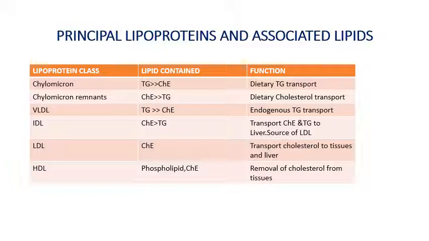VLDL is rich in triglycerides, and is mainly concerned with endogenous triglyceride transport. IDL again contains more cholesterol esters, so they are involved in transport of cholesterol esters and triglycerides to the liver. It is the main source of LDL. LDL is rich in cholesterol esters and it transports the cholesterol to tissues and liver. HDL is rich in phospholipids and cholesterol esters, and is mainly concerned with removal of cholesterol from the tissue. So it is actually a good cholesterol.